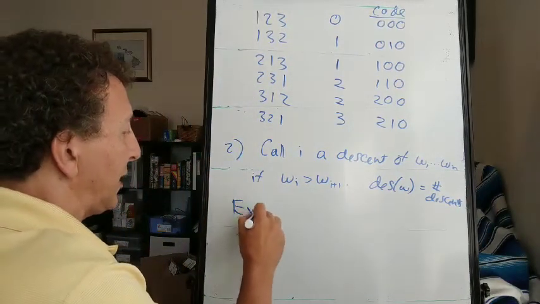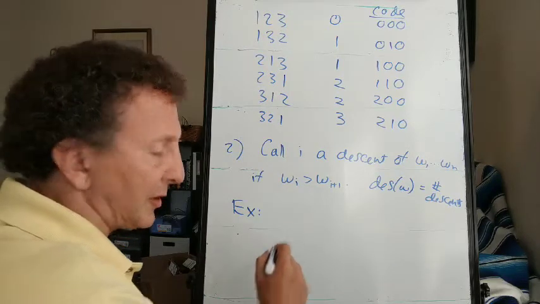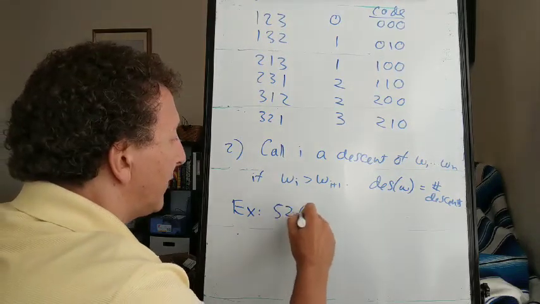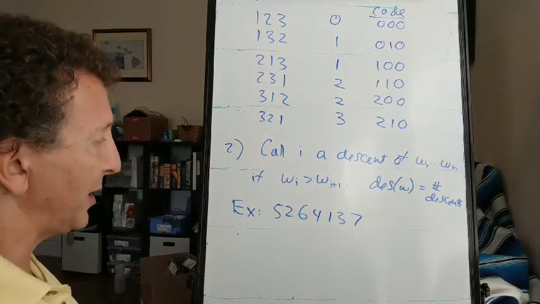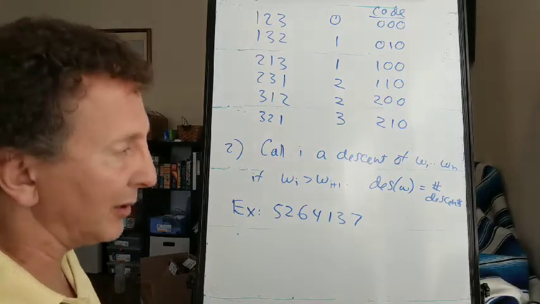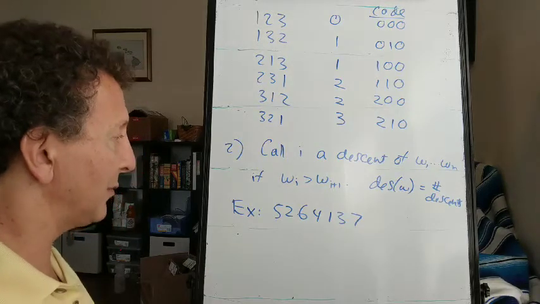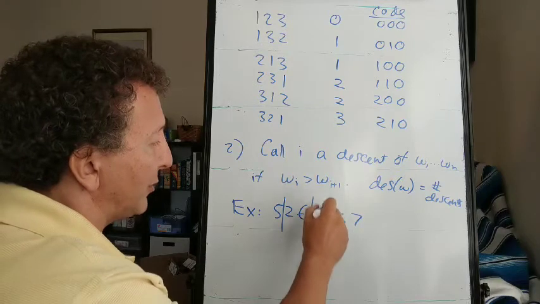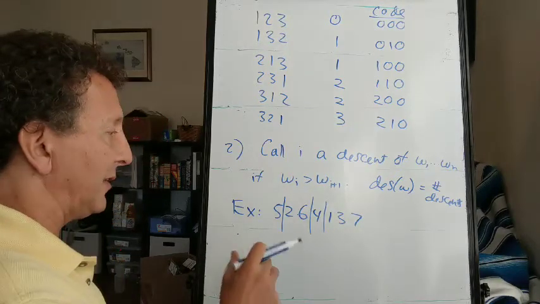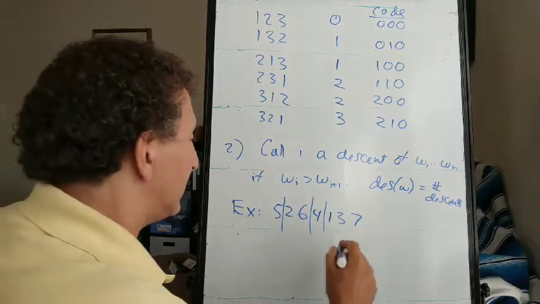So if we look at the example from before, 5, 2, 6, 4, 1, 3, 7, it's standard to write a bar between a greater letter and an immediately following smaller letter. So 5 is greater than 2, 6 is greater than 4, 4 is greater than 1. So we can see there's 3 descents here.